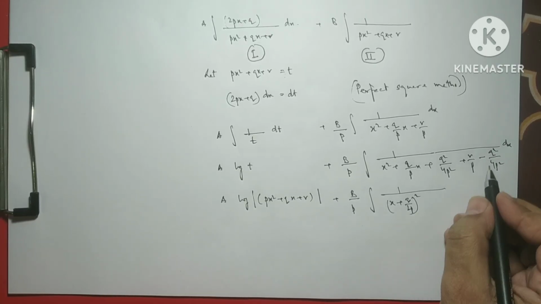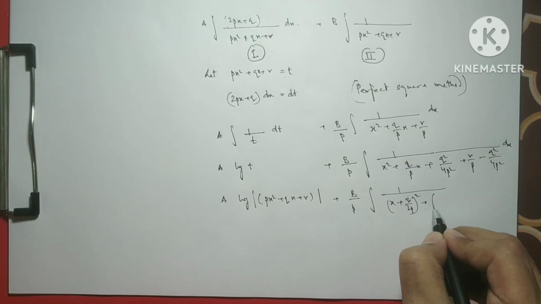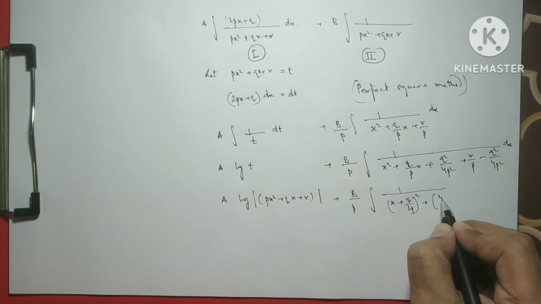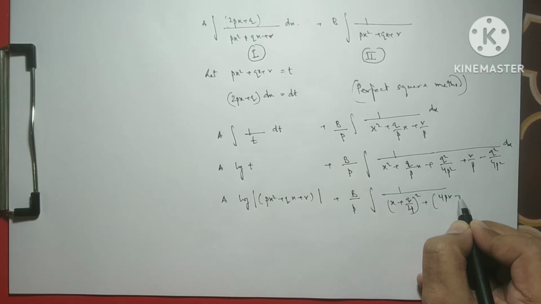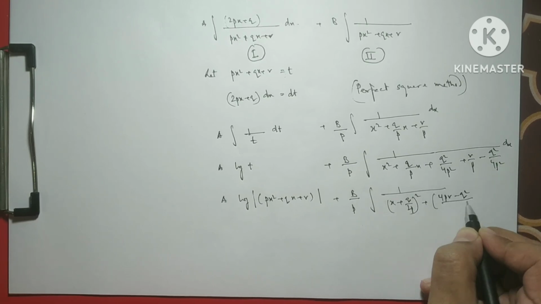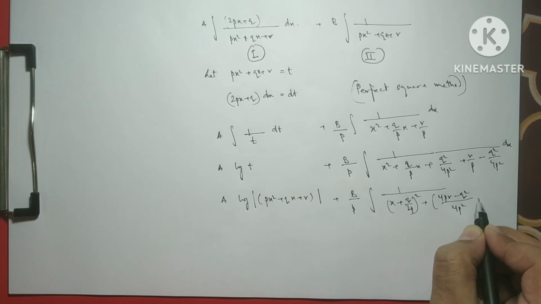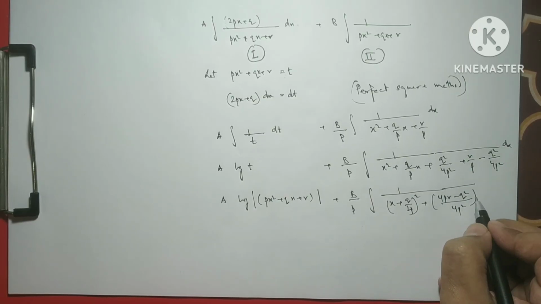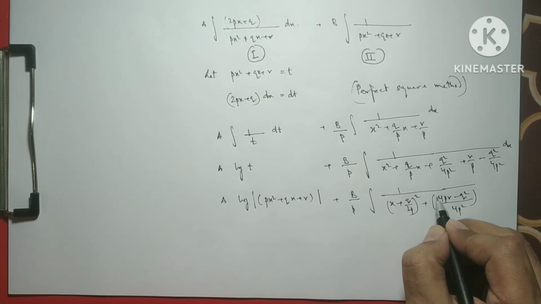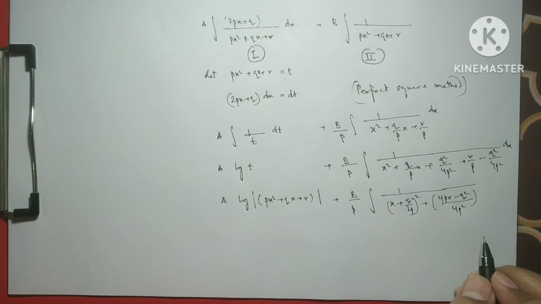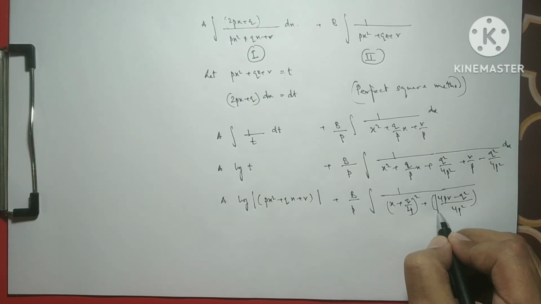and this is the 4pr minus q square over 4p square, and you can say we can use under root and square, you can write like this.